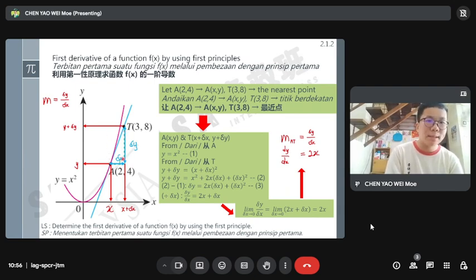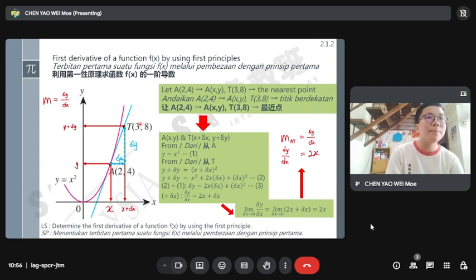Delta is a representation for a number, and assume this is nothing, kosong. So here is y, and going to here is y plus delta y, and I put in the coordinates.